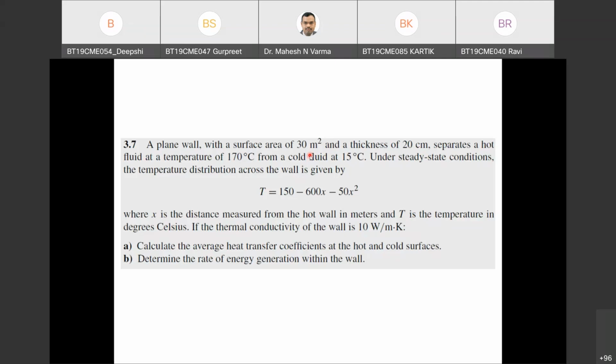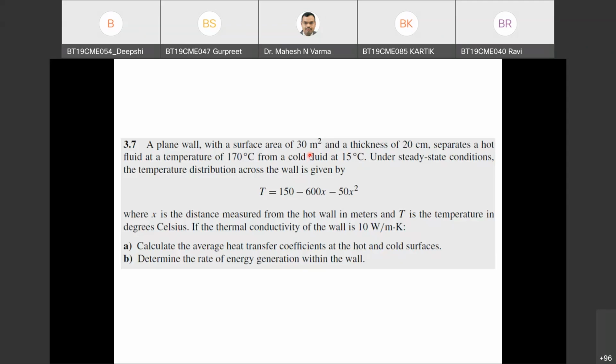The bulk temperature of the hot fluid is 170 degrees Celsius, and the bulk temperature of the cold fluid is 15 degrees Celsius. Calculate the average heat transfer coefficient at the hot and cold surface, where x is the distance measured in meter.